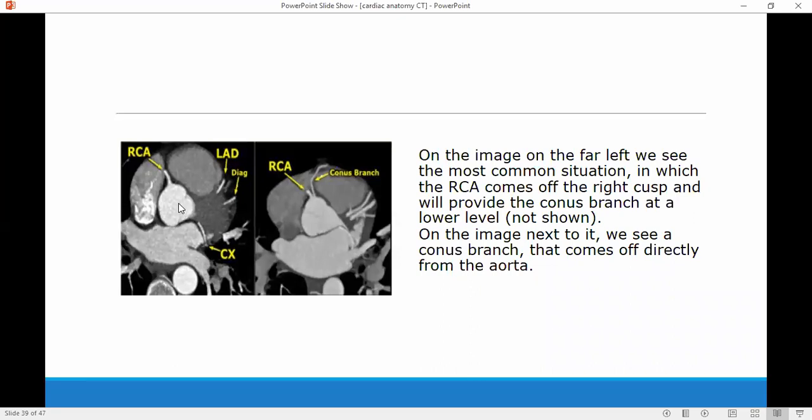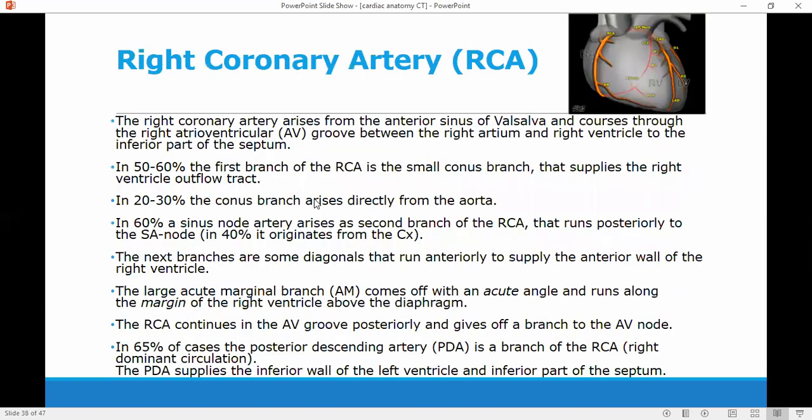On the image next to it, we see a conus branch that comes off directly from the aorta. More commonly it arises from RCA, sometimes directly from the aorta. About 20 to 30% arise from aorta.